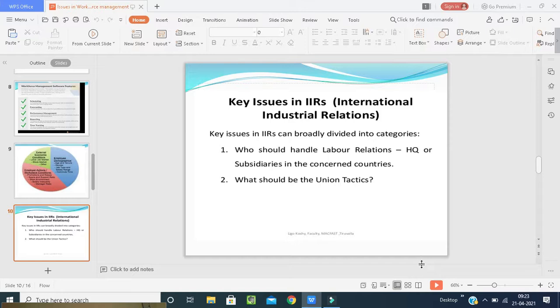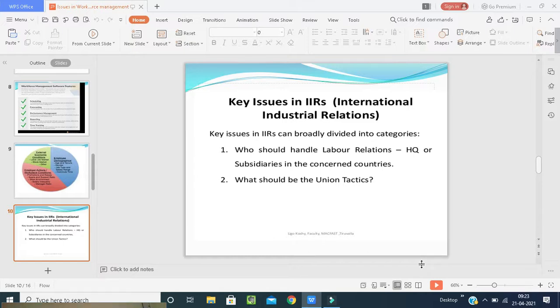Next, increased negotiations with respect to deregulation in the labor market. So many things are increasing day by day: employment in night shifts, lengthy working hours, minimum penalties, and issues in labor relationships or industrial relationships.